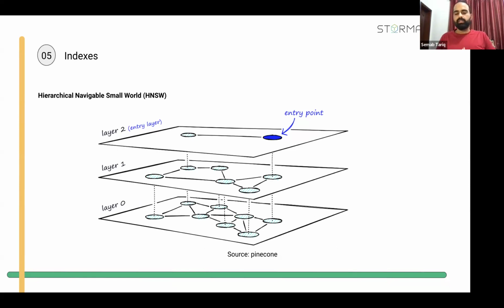So in this case, we will skip maybe 50, 60 or even 70% of the other matching vectors. And this is the actual core concept of how the HNSW index works.